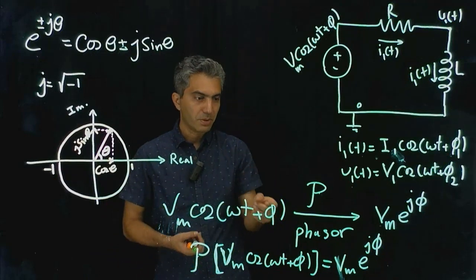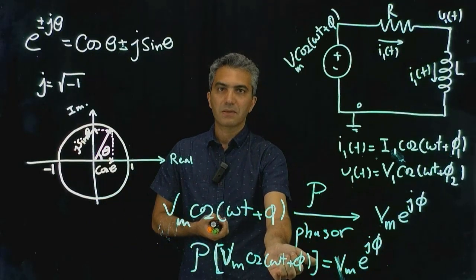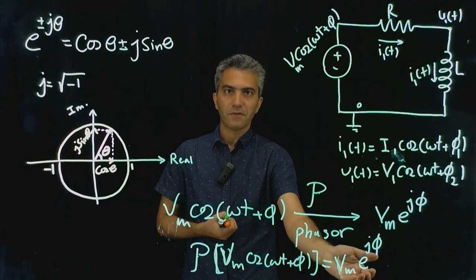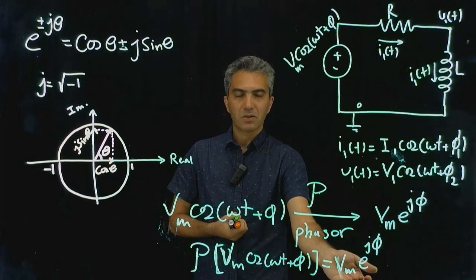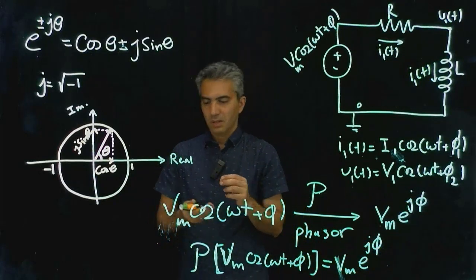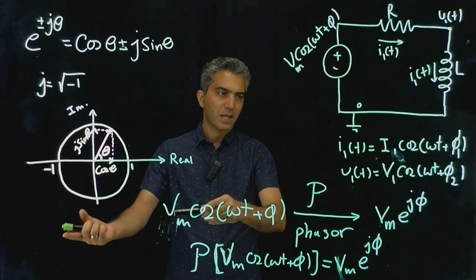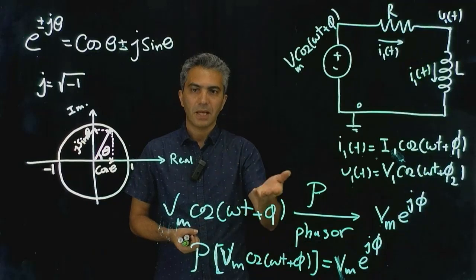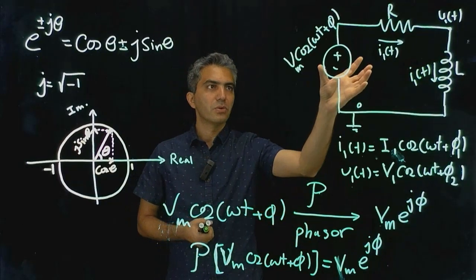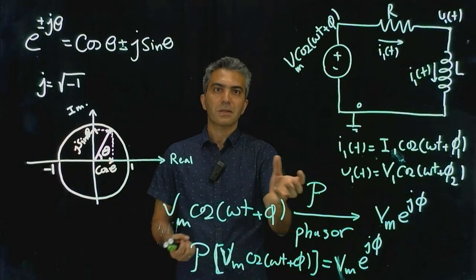Now, you have to keep in mind that for that transformation, you have to know what the frequency is. Because here you don't see the frequency, that frequency has to be given, and then you can bring it back. Now, let's practice that with a few examples to make sure that we understand this, and then in the next lecture, we're going to start applying the phasor equation to equations for the circuit, in other words, equations for components.